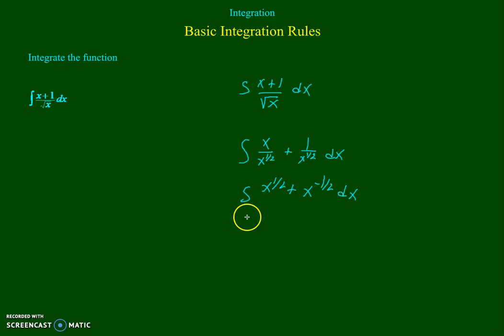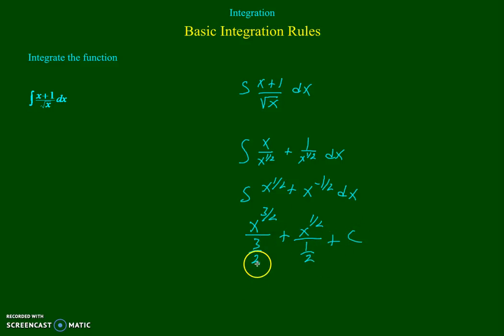And now we can go ahead and integrate this with just the power rule. So we have x, add 1 to the exponent, 3/2, divided by the new exponent, plus x, add 1 to the exponent, 1/2, divided by the new exponent, plus c.